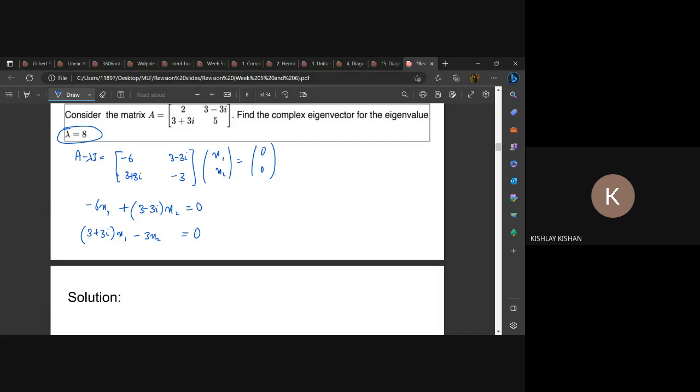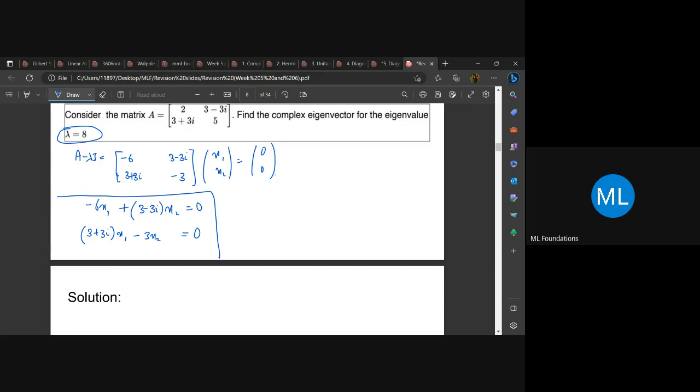I was doing it with echelon form. Yeah, that will be easier. Let us do it with echelon form. This would be a comparatively difficult method. A lot of calculation will be needed here.